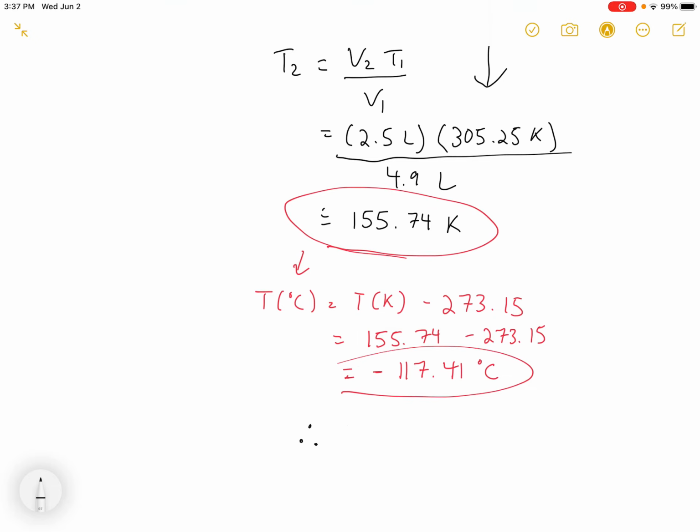Therefore, the final temperature required is minus 117.41 degrees Celsius. So it would be very, very cold. Theoretically, that would be a temperature that you might see in very specific laboratories, like in space, those kind of places.